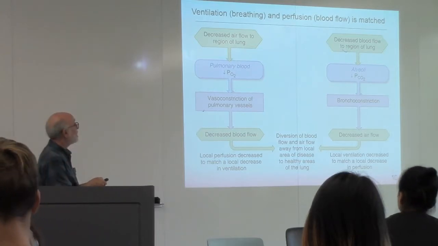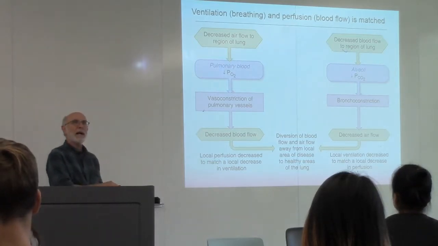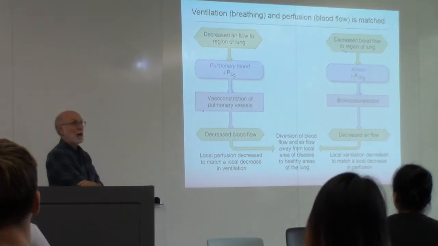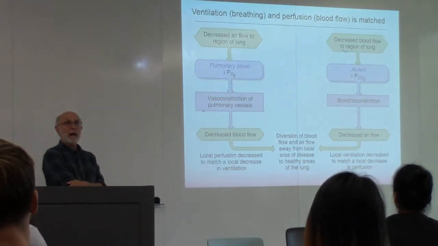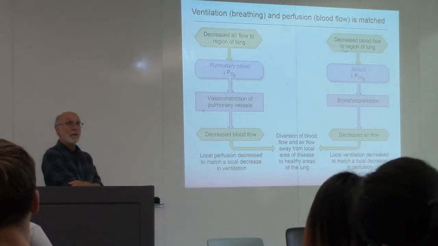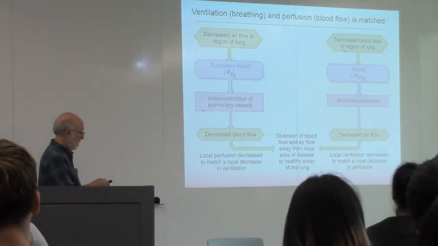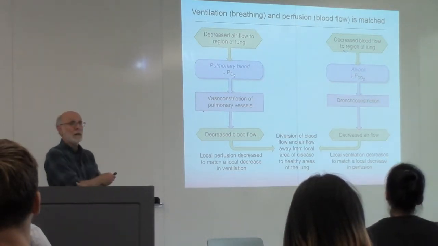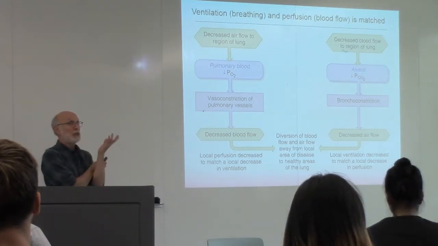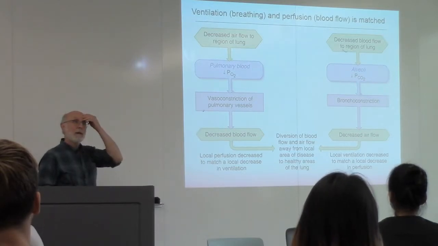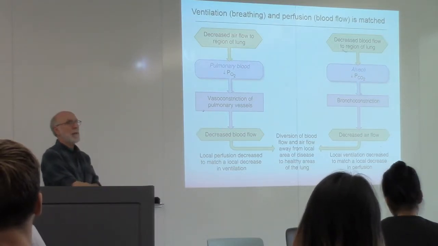If there is a region where blood flow to the lung is impaired, maybe due to an injury or an anatomical defect or a clot, a pulmonary clot, a region of the lung that is not getting perfused, there are mechanisms to constrict bronchial smooth muscle, to try to limit airflow to that region so that ventilation and perfusion are matched.